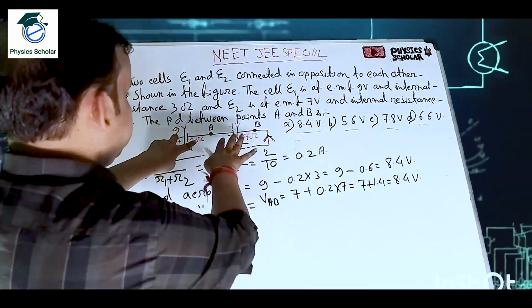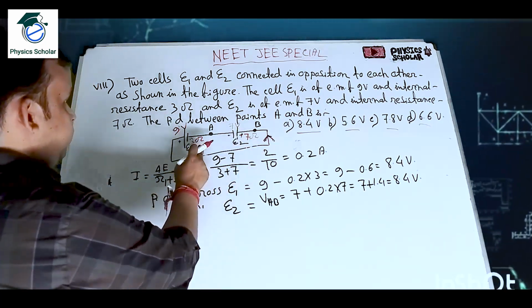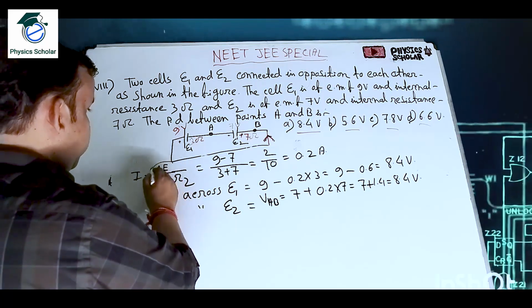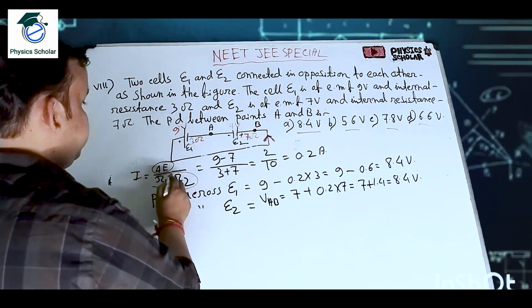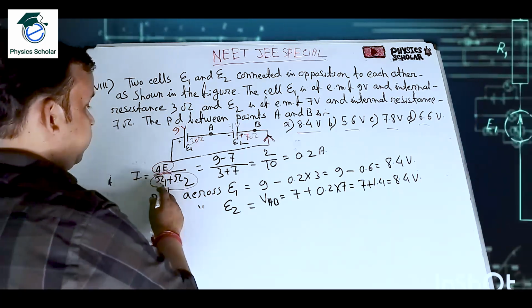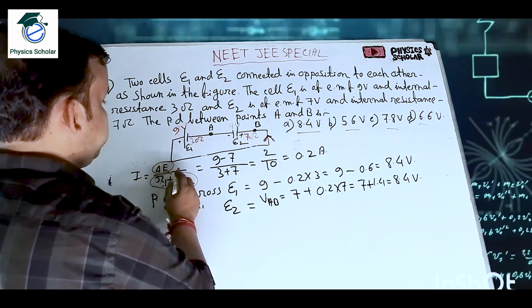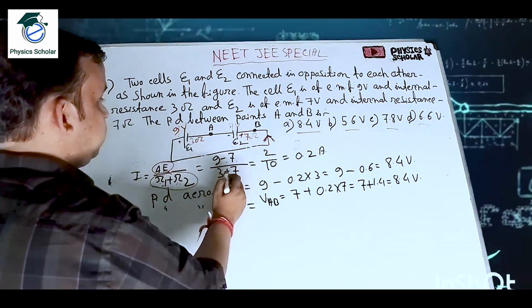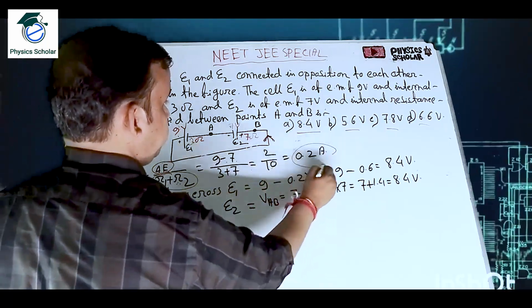Now they are connected in opposition, so the current I will be the change of their EMF divided by the equivalent resistance, since they are in series, R1 plus R2. The change of voltage is 9 minus 7, so 2, divided by 3 plus 7, which is 10. So 2 by 10 is equal to 0.2 ampere.